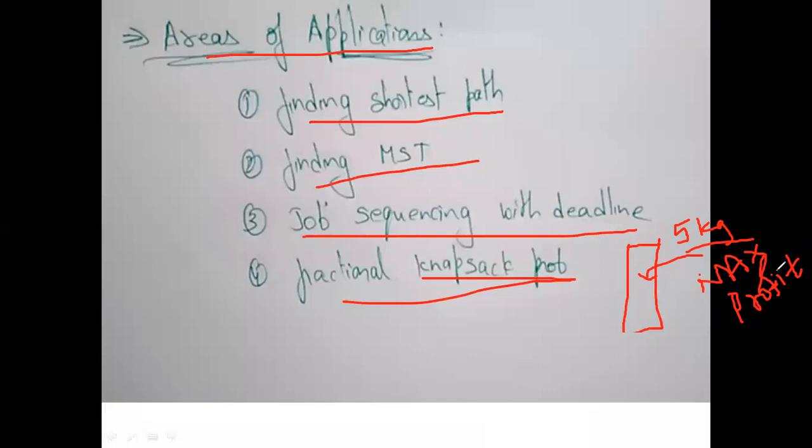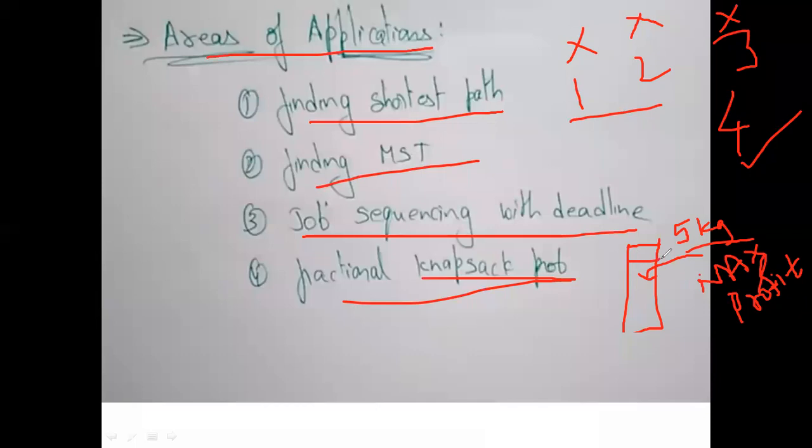And if you fill up to 4 or 5 kg, then it is the maximum profit. Suppose we have 1 kg, 2 kg, 3 kg, 4 kg. If you fill 1 kg, not maximum profit, 2 also not, 3 also not. So if you have 4 kg of weight, then you fill 4 kg in that knapsack. So this is the best solution among all the subsets, and these are all rejected items.